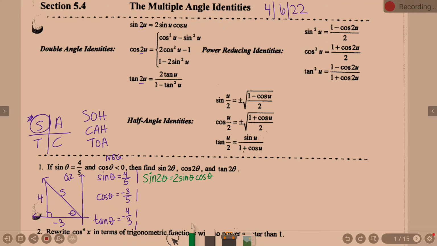Okay, so sine of 2 theta is 2 sine theta cosine theta. 2 is 2. What's sine theta? 4/5 times what's cosine theta? Negative 3/5. Do some math: two times 4/5 times negative 3/5.